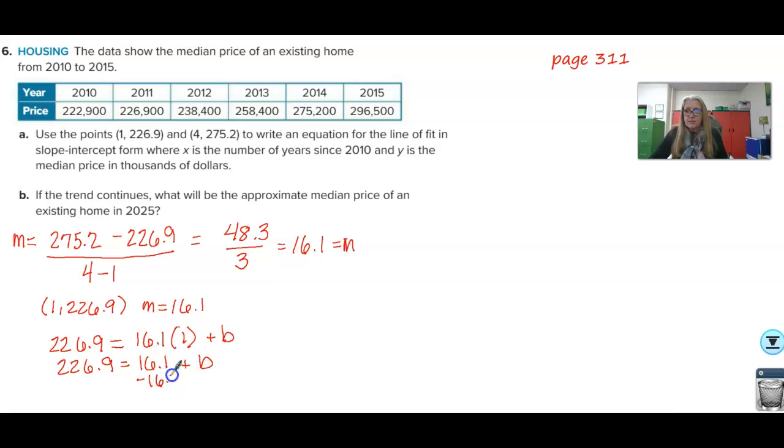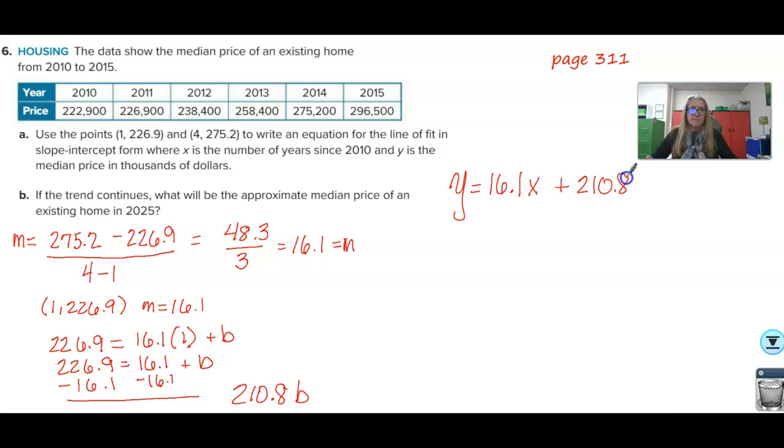So we need to subtract 16.1 from both sides. 226.9 minus 16.1 equals, we know that b is 210.8. So our equation in slope-intercept form is y equals 16.1x plus 210.8. That's our equation. It's ugly, I know.